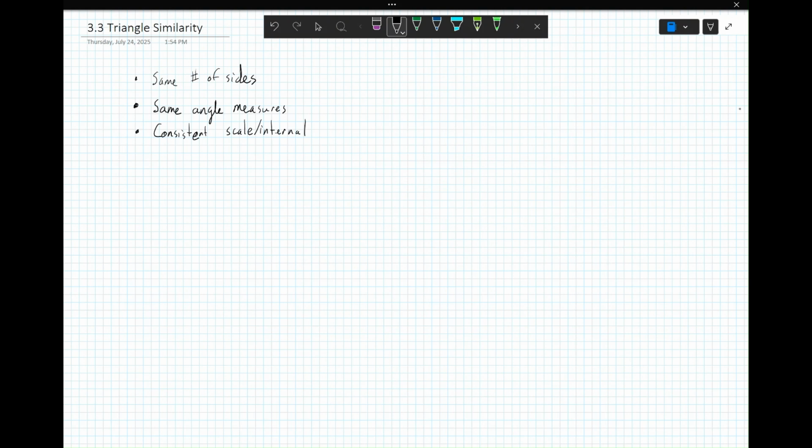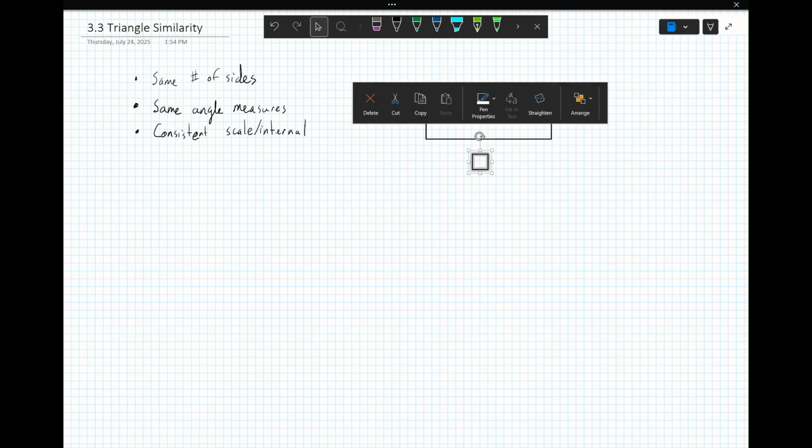So, for example, all rectangles have four 90-degree angles. And so we may be tempted to say, okay, all rectangles must be similar, but they're missing that third scale factor.